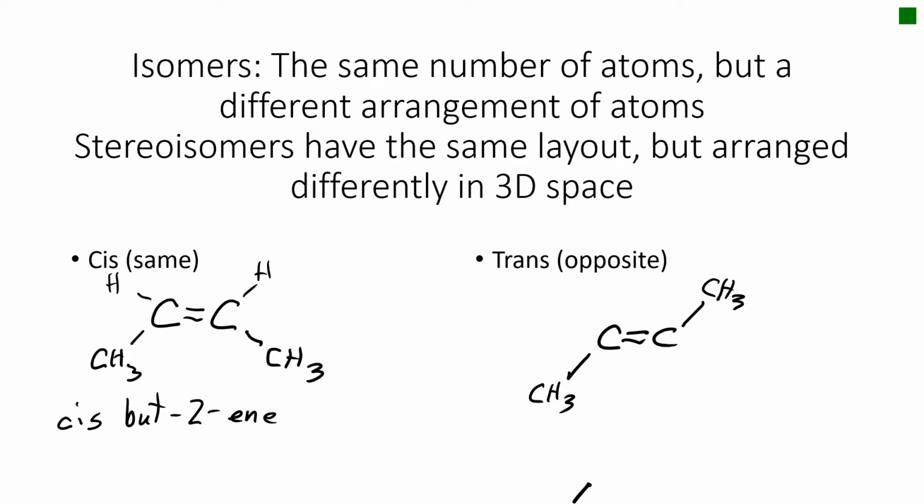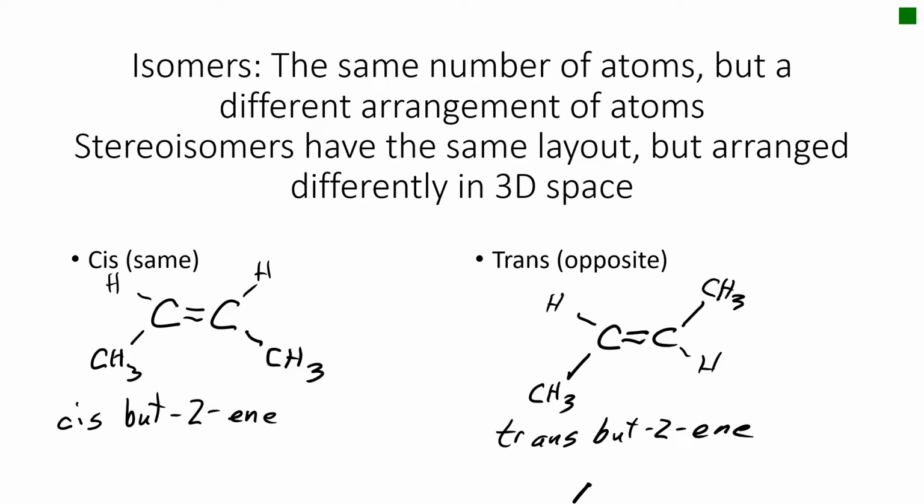So it's the opposite side of the double bond, and we'll put a hydrogen there and a hydrogen there to complete the thing. So this is now trans-but-2-ene. So that's the difference between the stereoisomers. You have the same basic structure, but you can arrange the groupings in three-dimensional space at different positions.